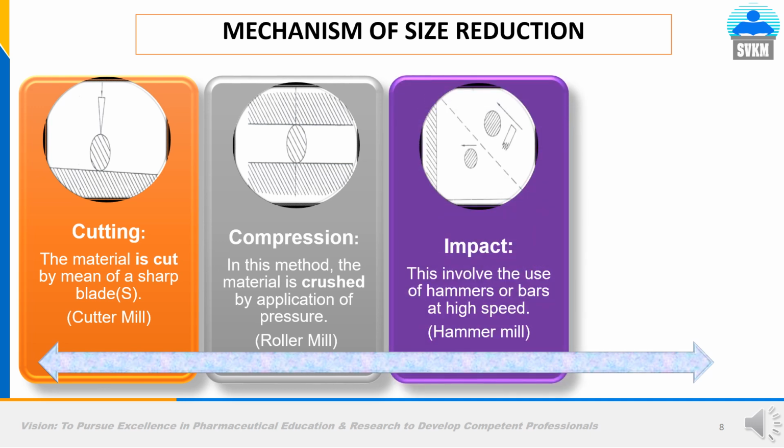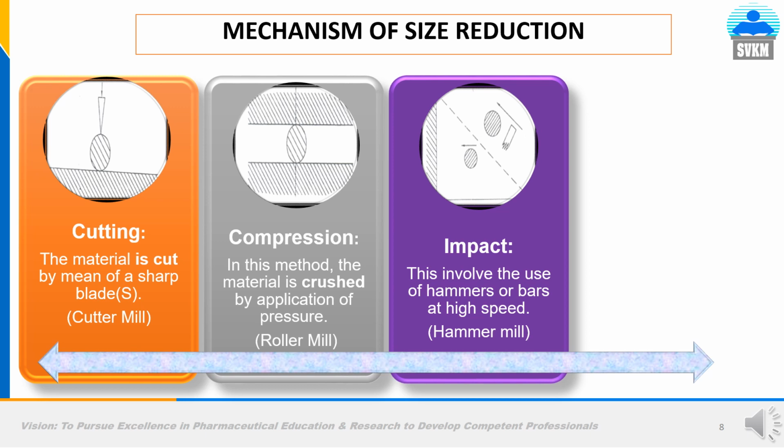Next, impact. In another language, it is called hammering. This involves the use of hammers or bars at high speed. Impact is the bombarding of two particles with each other, or bombarding of particles against the walls of the equipment.